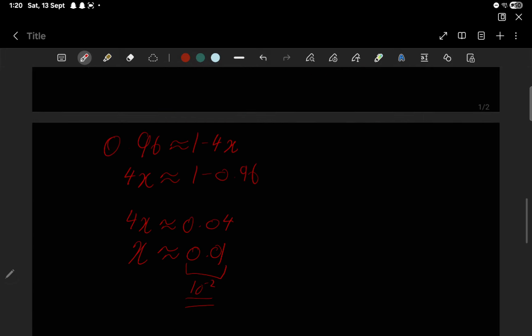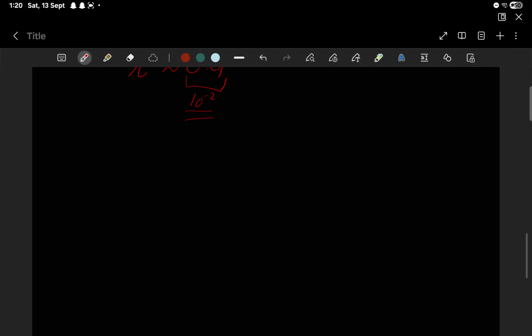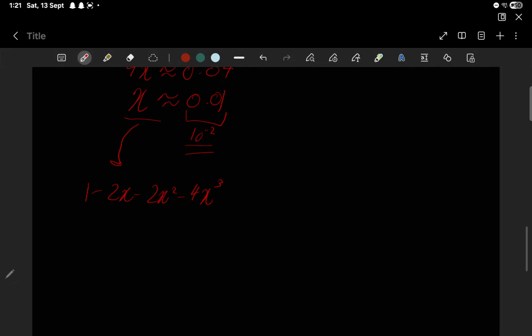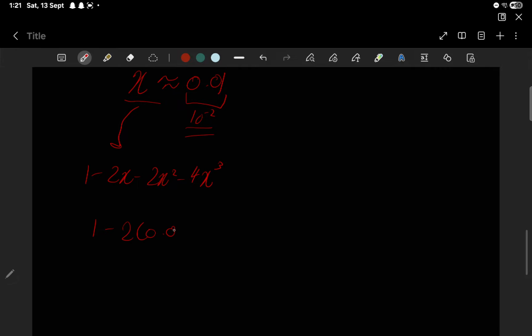So what is our expansion? 1 minus 2x minus 2x squared minus 4x cubed. Substituting into this, it's going to be 1 minus 2 into 0.01 minus 2 into 0.01 squared minus 4 into 0.01 cubed.